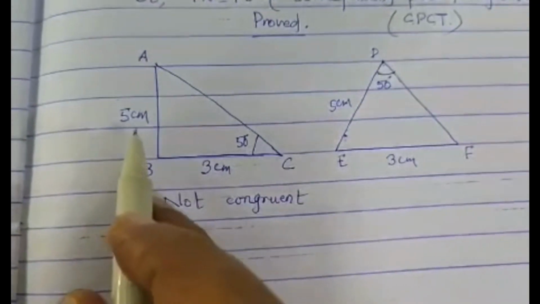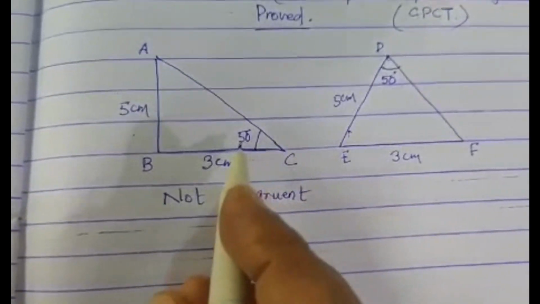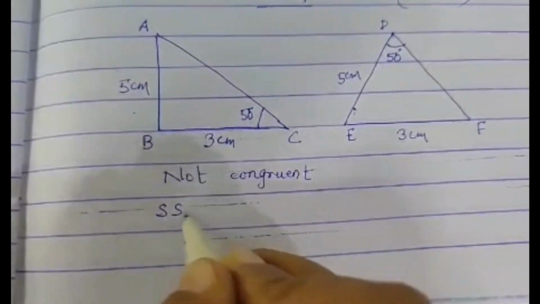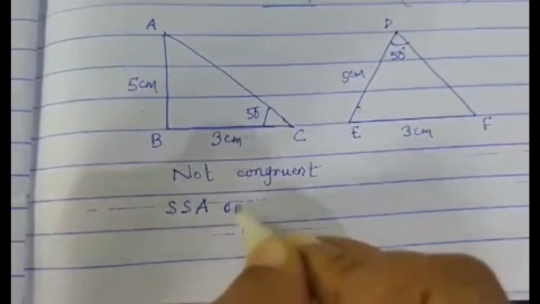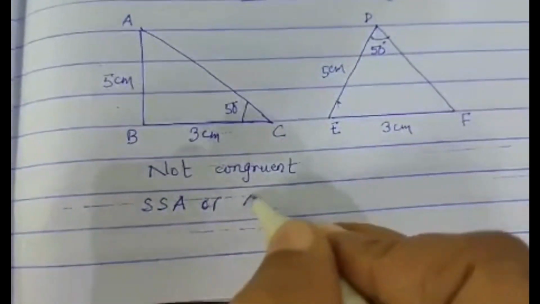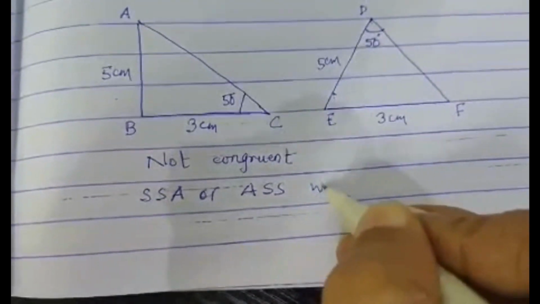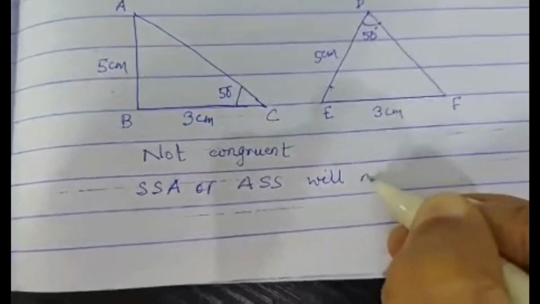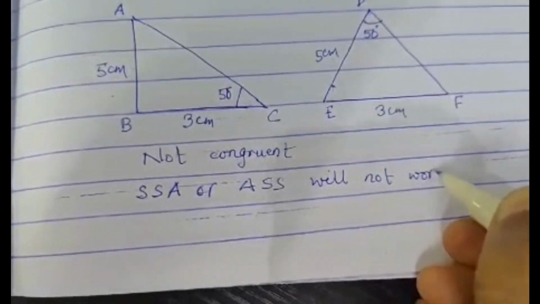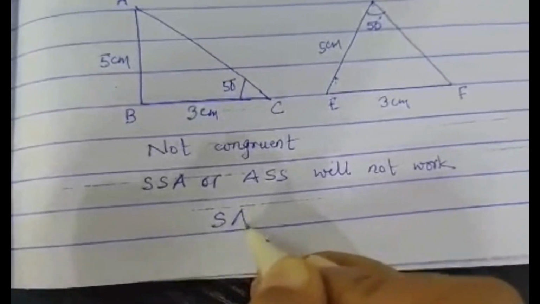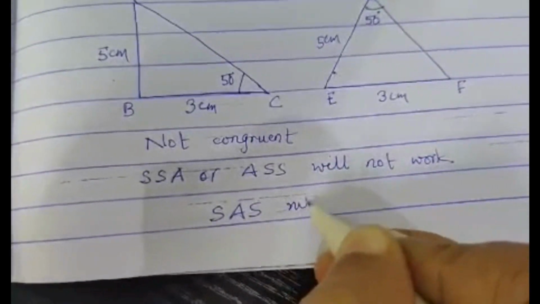So this criterion, SSA or ASS, is not going to work in congruency. Only the SAS rule will work.